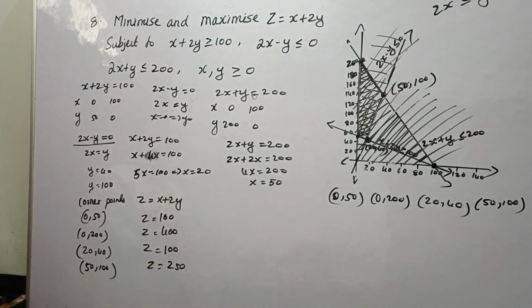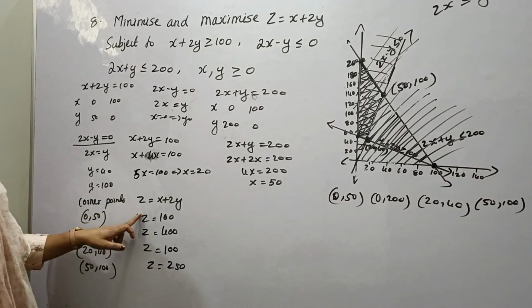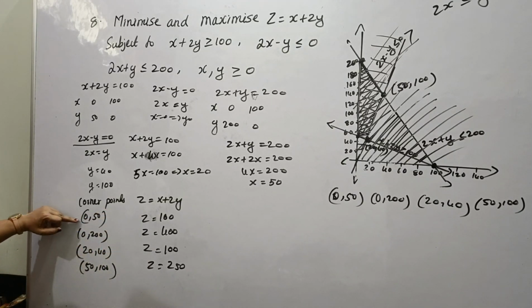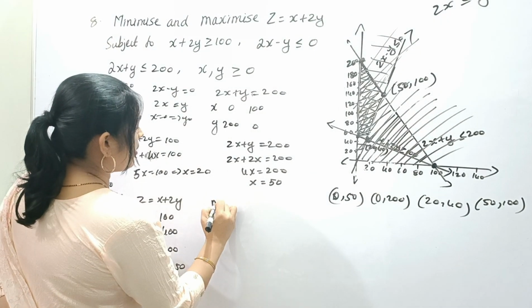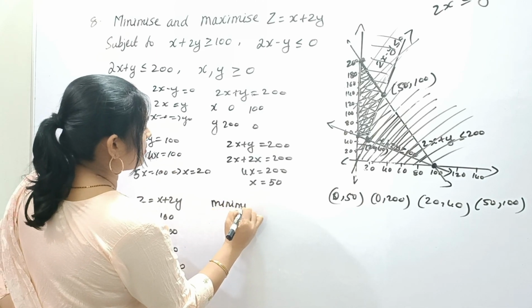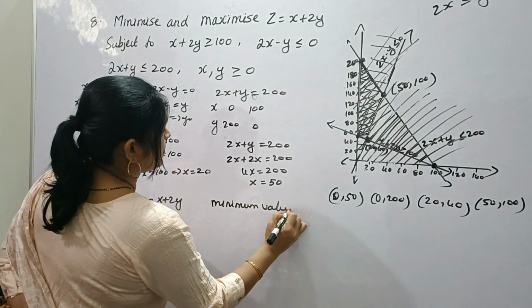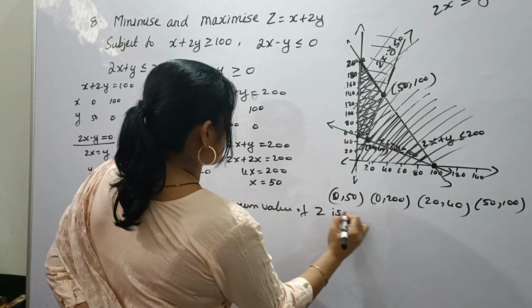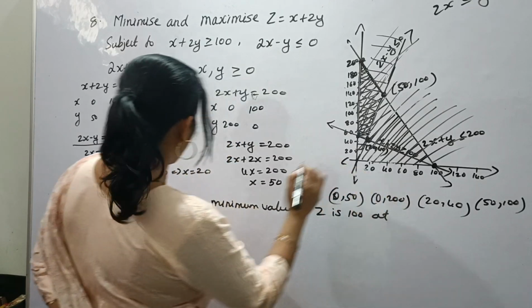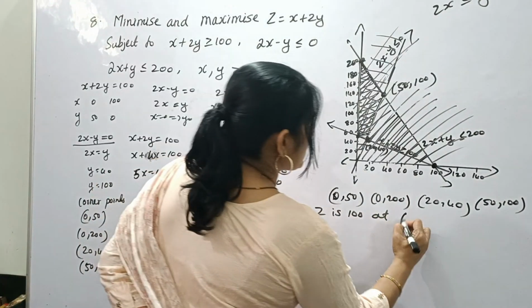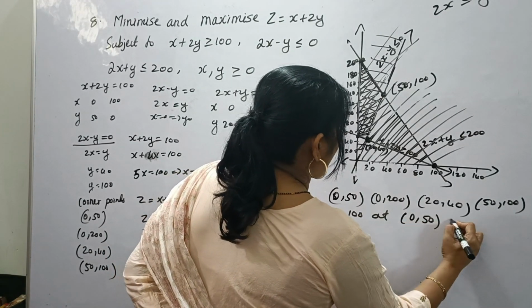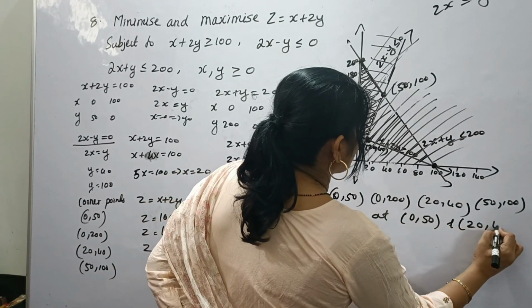See here we have got two minimum values. Z is minimum at 2 points, 0, 50 and 20, 40. So the minimum value of Z is 100 at which points? 0, 50 and 20, 40.